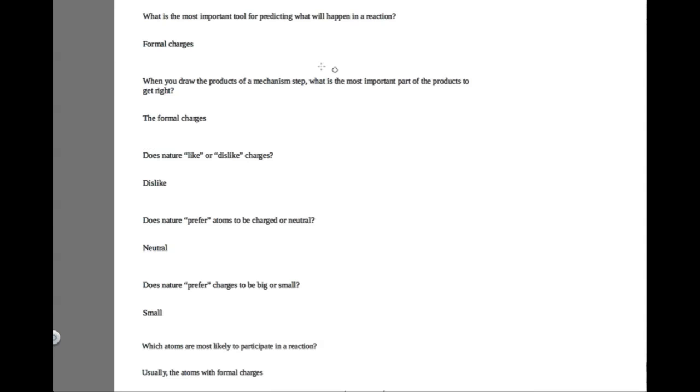Now, we've seen that the most important tool for predicting what will happen in a reaction is the formal charges. That means that the most important tool for drawing electron-pushing arrows is formal charges. So now let's review how we can use the formal charges to draw the correct electron-pushing arrows.